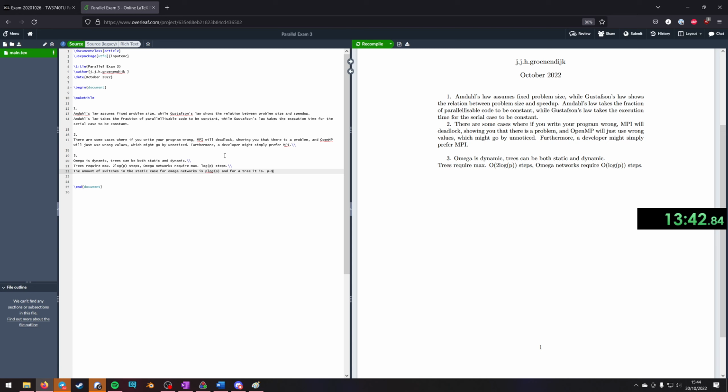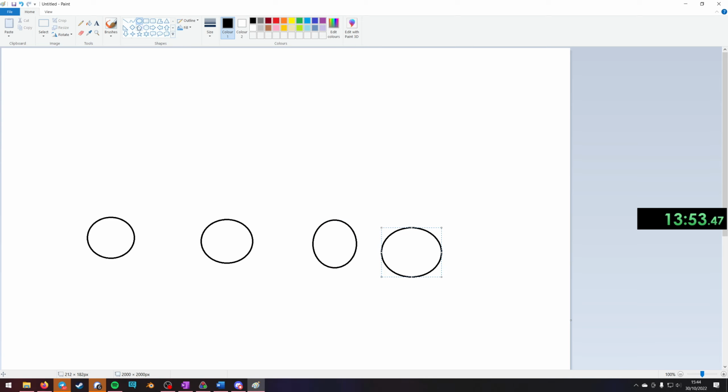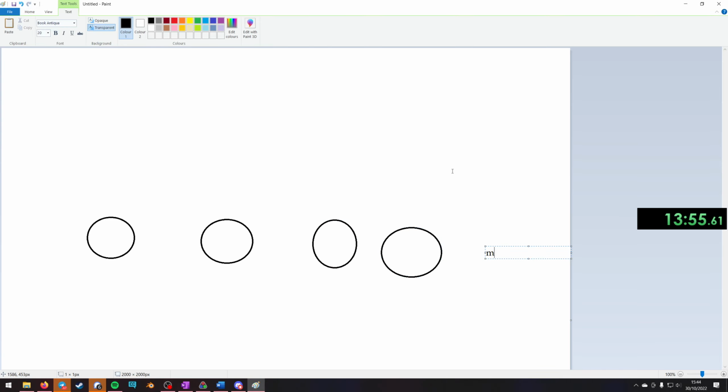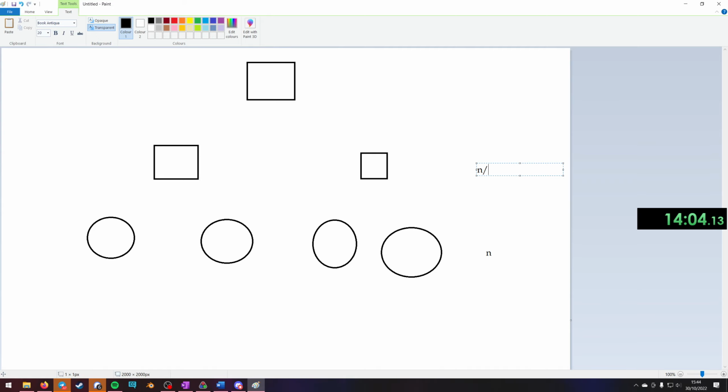Because, yeah, say I'm going to my favorite program, Paint. Say you have here a total amount of n static nodes. Then you here have n over 2 and n over 4, etc., until 1.